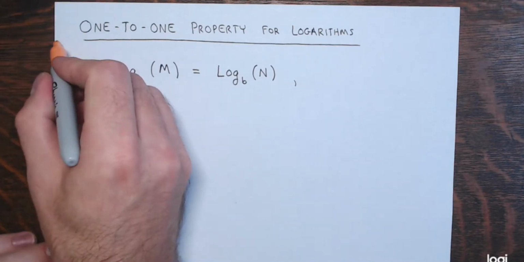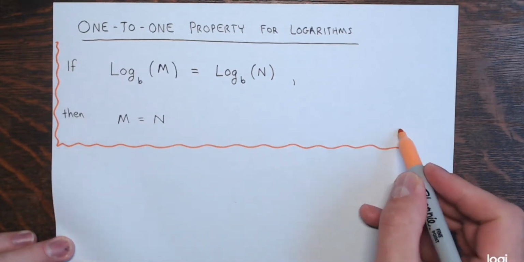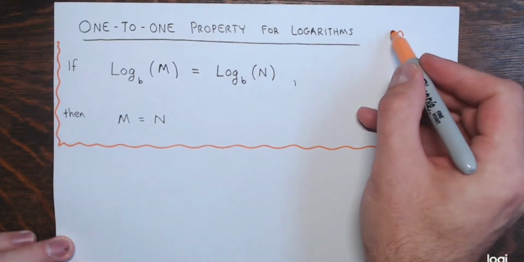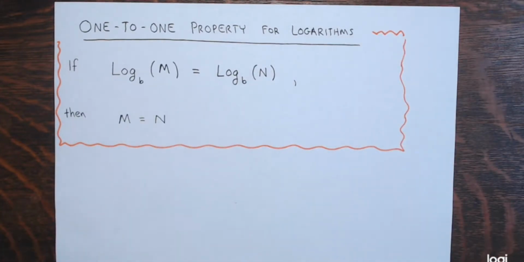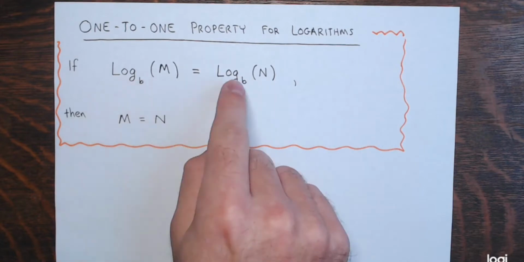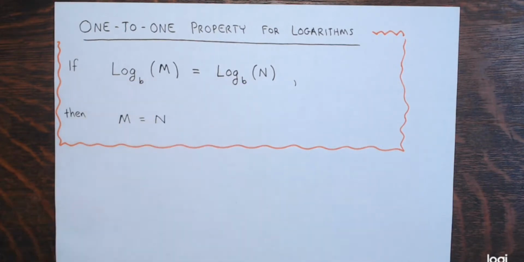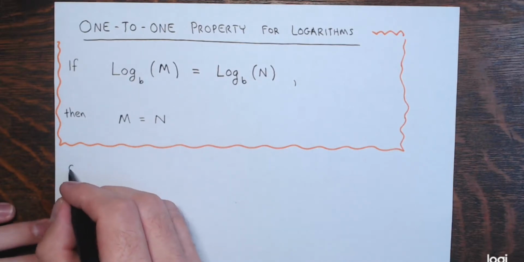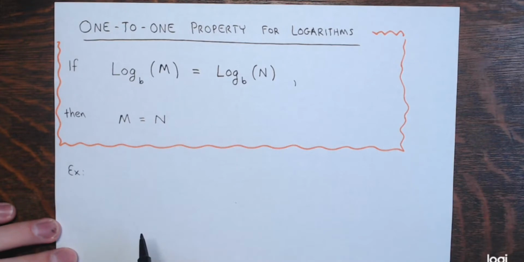Alright, so when we're working on questions under this objective, we're going to be using this. We're going to try to write both sides as a single log with the same base. So our first example, the first question we're given, we're asked to solve for x.